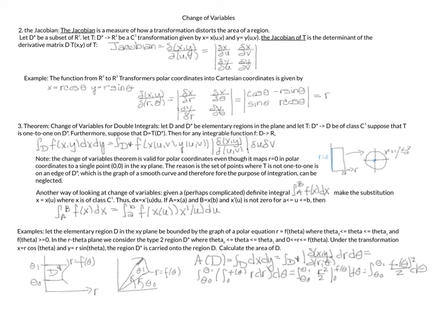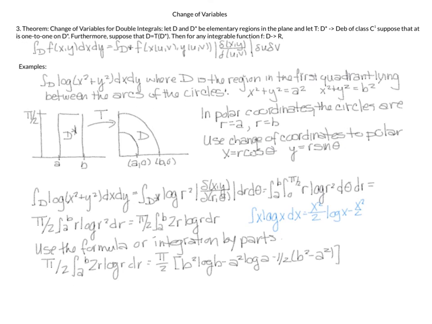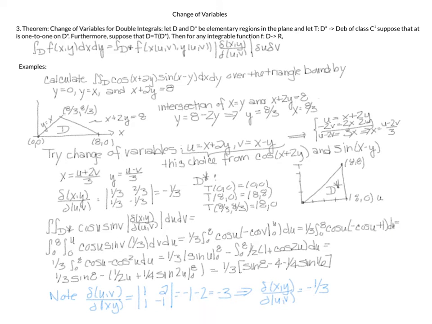And then last, we use the Jacobian in our change of variables formulas, both for double and triple integrals. And now we are ready for some more examples.